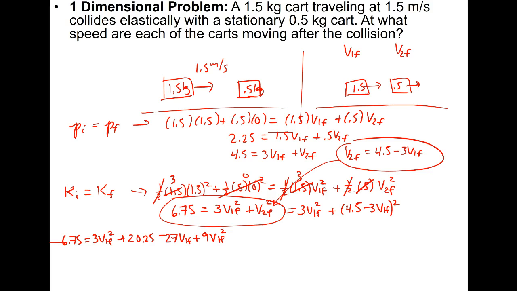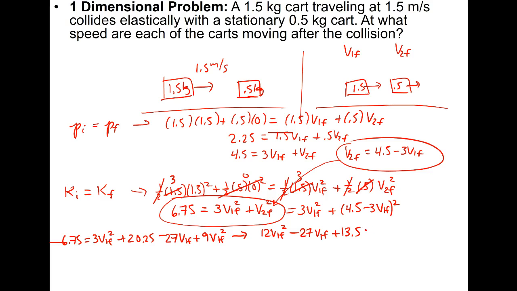Okay, so now we're going to collect our terms and we're going to have basically 12 V1 final squared minus 27 V1 final, and then 20.25 minus 6.75 is going to give us plus 13.5. And sorry about that, it's 27 V1 final. Lots of places to go wrong with elastic collisions, right?